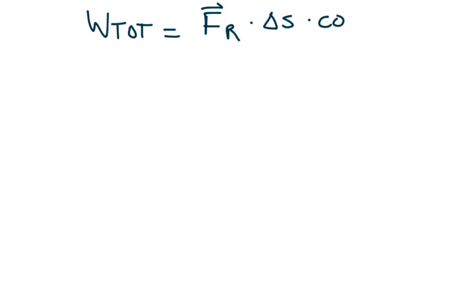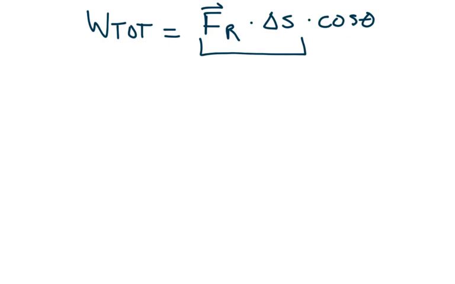Work total was equal to the resultant force times the distance traveled times the cosine of the angle between these two. If we're talking about maximum work, then the angle there would be 0 degrees. The force being applied would be totally parallel to the horizontal surface. We'd be getting maximum work.